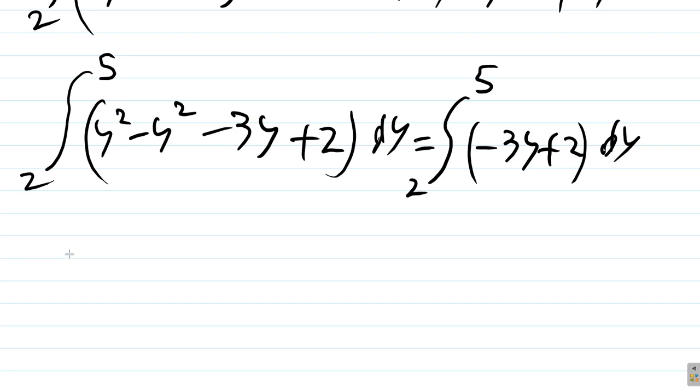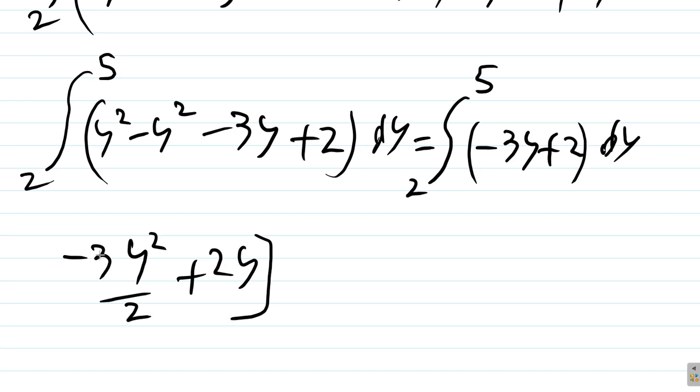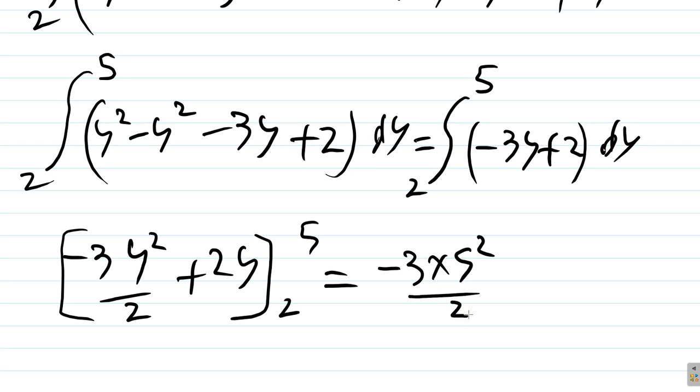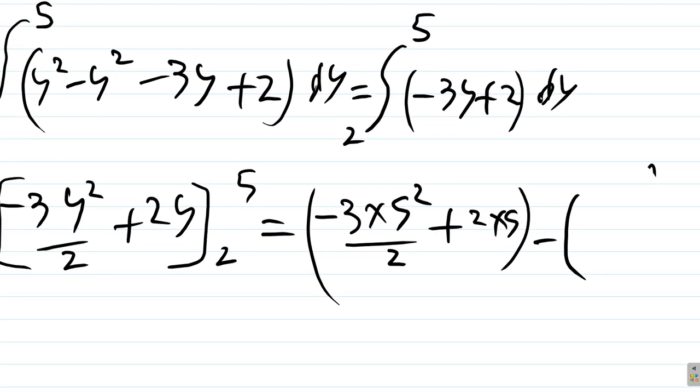So let's do the integration now. Minus 3y squared over 2 plus 2y going from 2 to 5. So we have negative 3 times 5 squared over 2 plus 2 times 5, minus, then we substitute the 2, negative 3 times 2 squared over 2 plus 2 times 2.